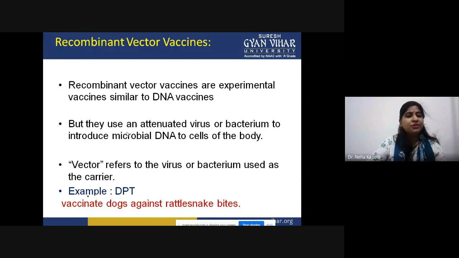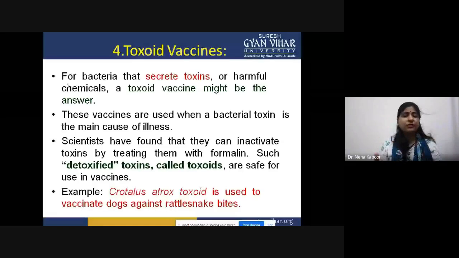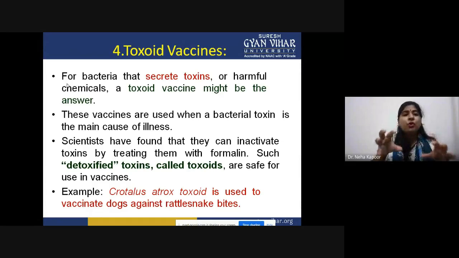Next is toxoid vaccines. As the name suggests, toxoid, that means there must be some toxin. For bacteria or infectious organisms that secrete toxins or harmful chemicals, a toxoid vaccine might be the answer, because these vaccines are used when a bacterial toxin released by a particular kind of microorganism is a major cause of disease.